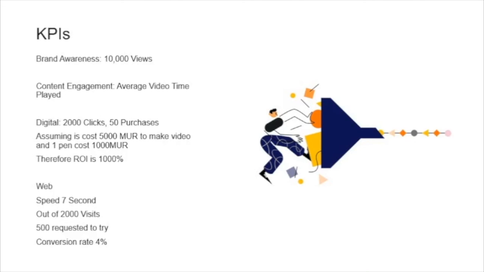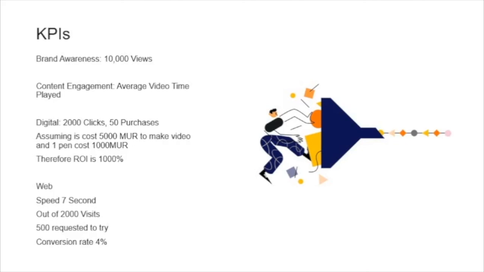So if we assume, because digital is also a return on investment, that the cost to make one video is 5,000 rupee and one pen costs 1,000 rupee, so if you sell 50 pen, therefore the return investment is 1,000%. So you know that what the money you've put in has generated a great return on investment.